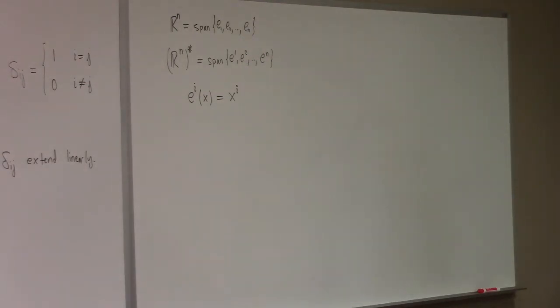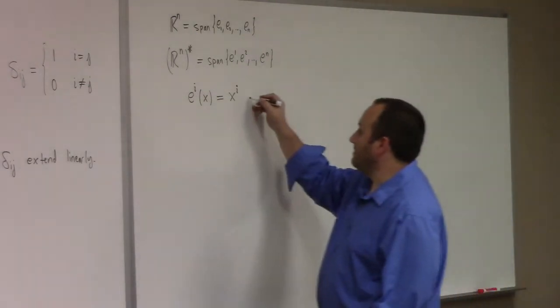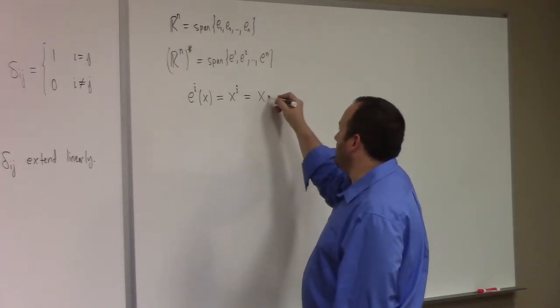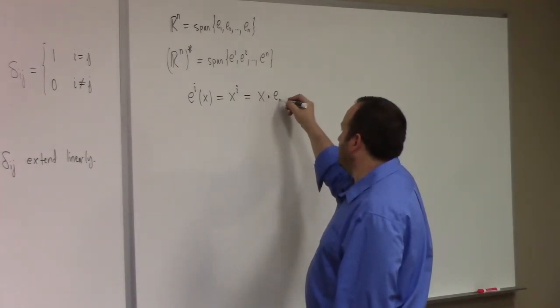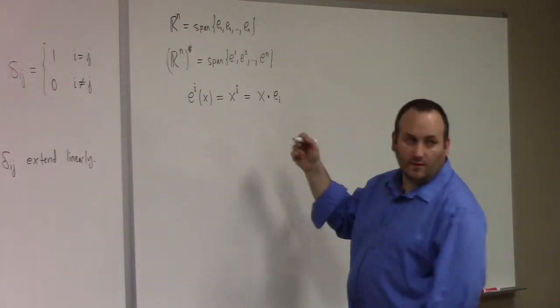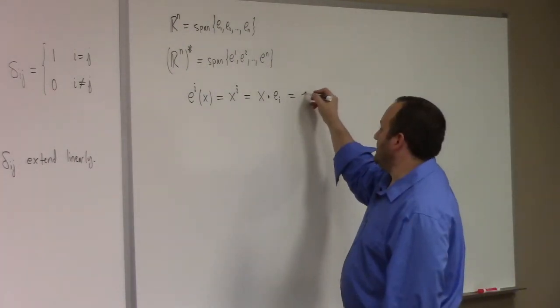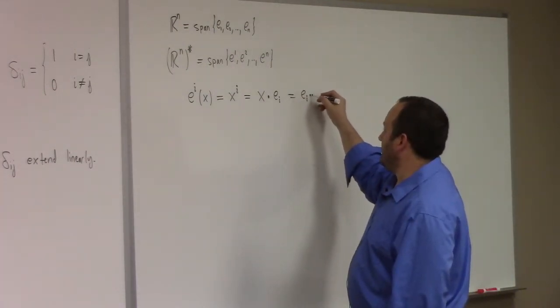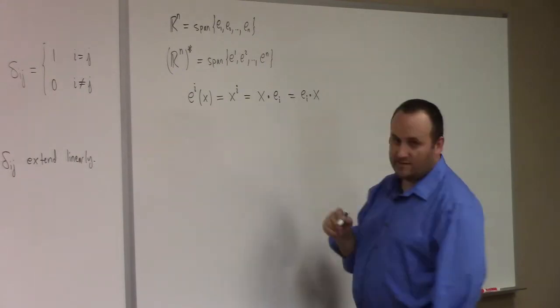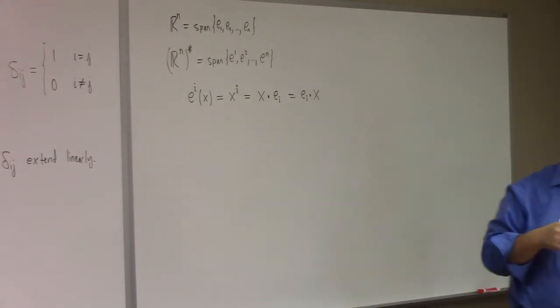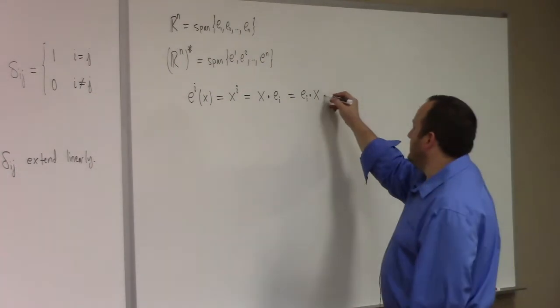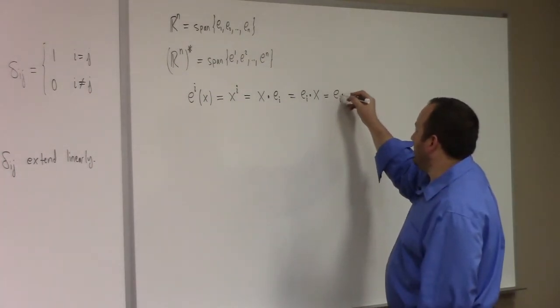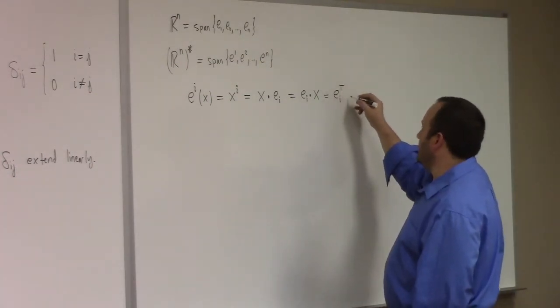This is also equal to x dot e_i, or we could write that as e_i dot x, because the dot product is commutative. So as a matrix product, this is equal to e_i transpose times x.